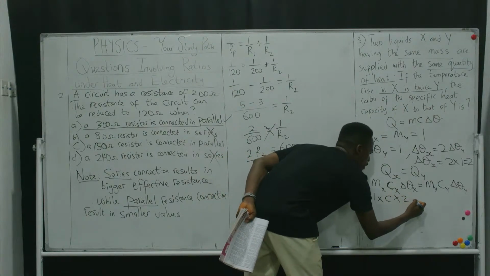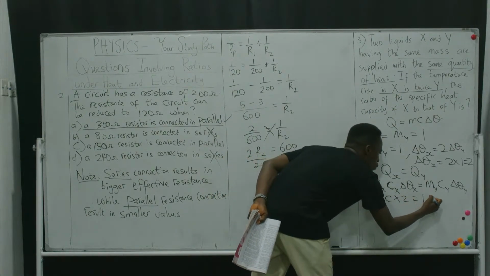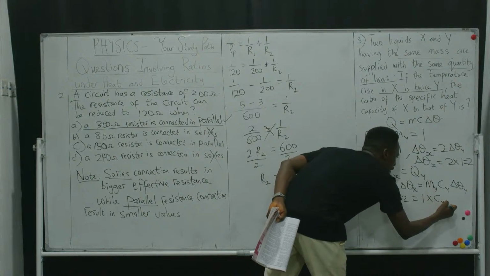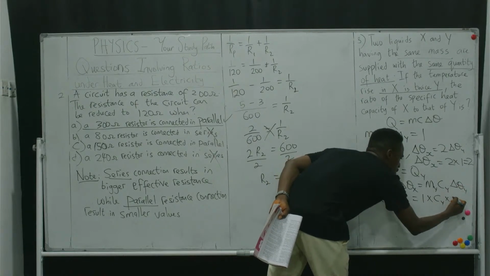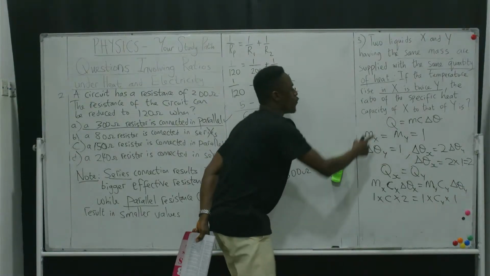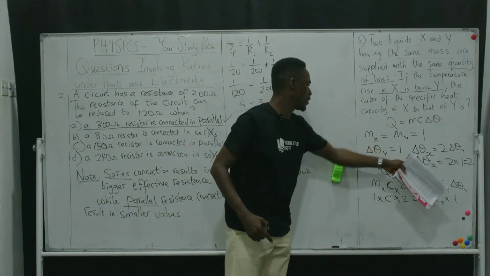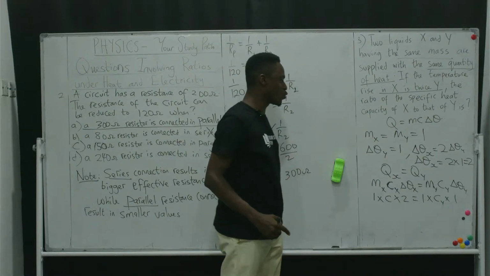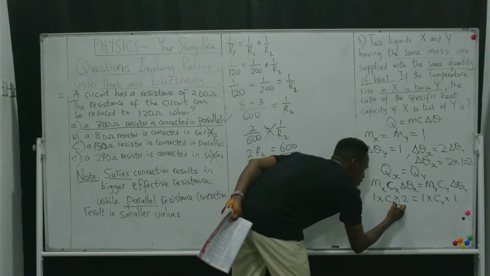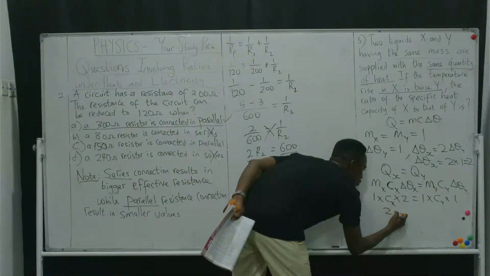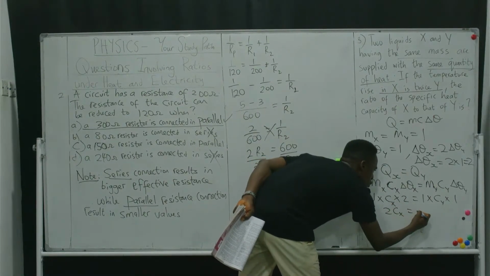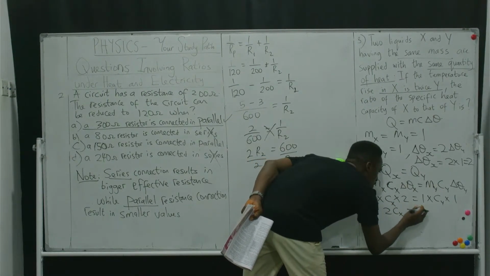I'm using 2 here. It will be equal to M, 1 here, CY, and I'm using 1 here. So for the Y part, we have 1. The change in temperature is equal to 1. From here, 2CX is equal to 1CY.